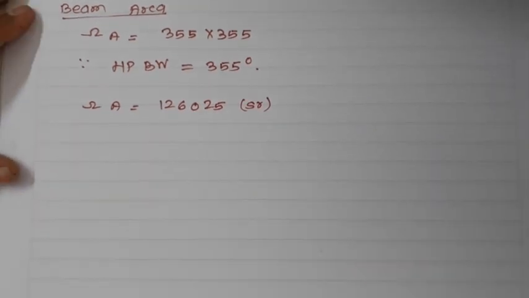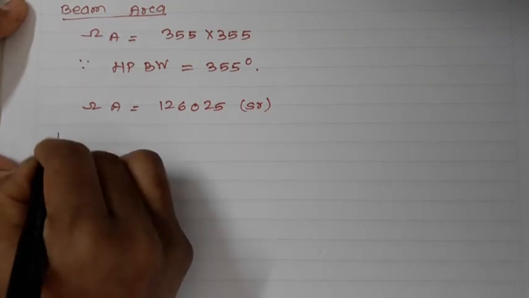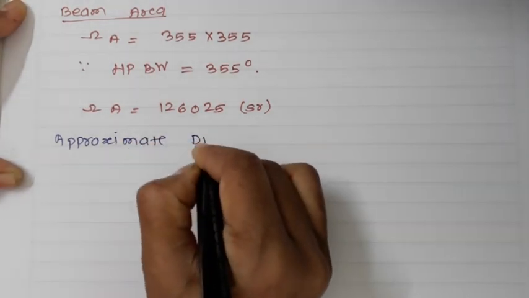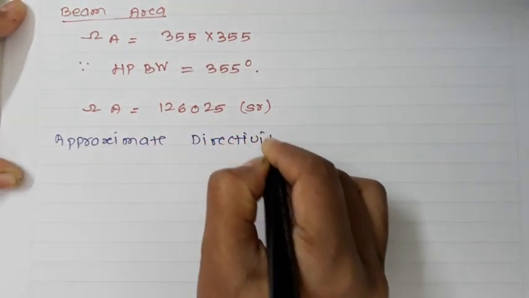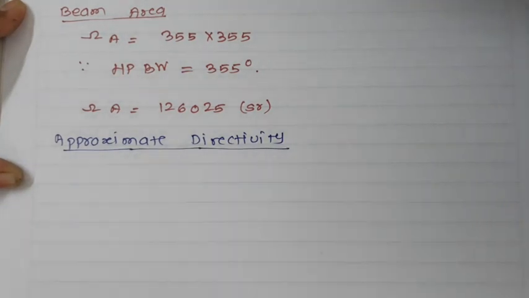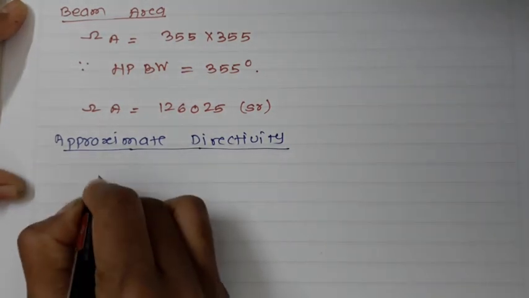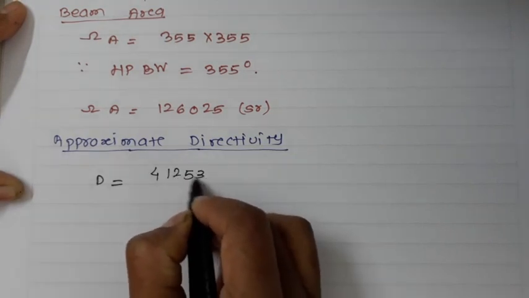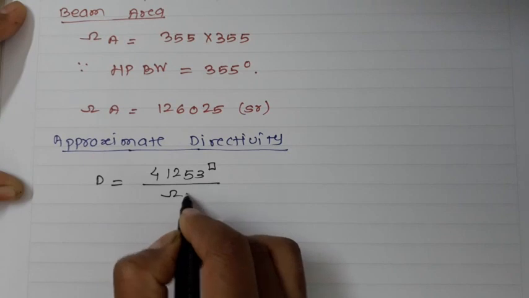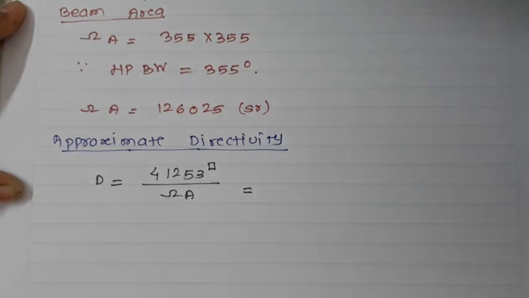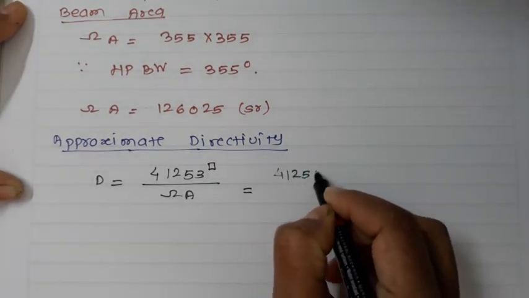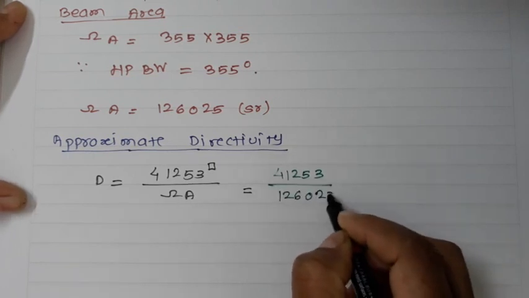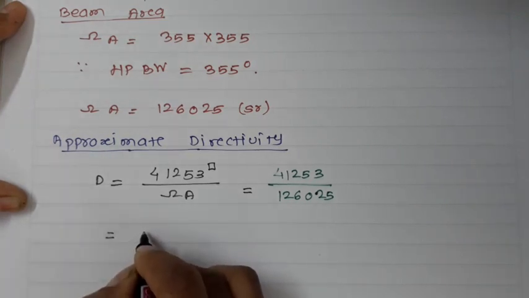Now how can we calculate the approximate directivity for this one? The approximate directivity D is equal to 41253 square degrees divided by Omega A. If I calculate this, 41253 divided by 126025 is equal to 0.32.